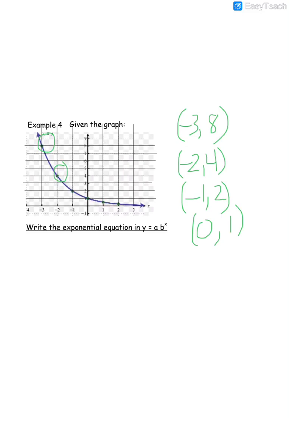So now that I have those, I'm going to go into my stat and I'm going to go into 1 under edit and I'm going to plug in these points. So I'm going to clear out what's there. And I'm going to plug these in my L1 and L2. So I'm going to plug in -3, -2, -1, 0.